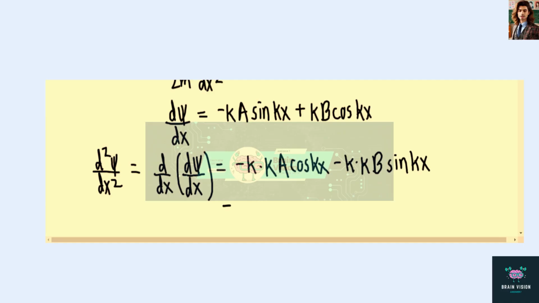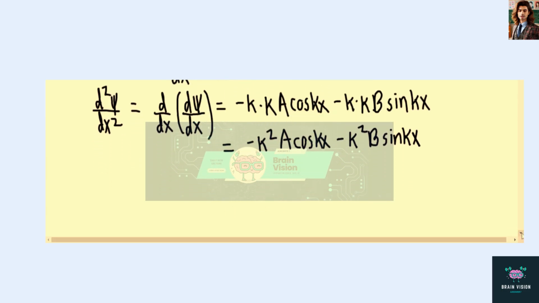And this can be simplified as negative k² a cosine kx minus k² b sine kx. And we can simplify one more time by factoring out negative k squared from both of these terms.